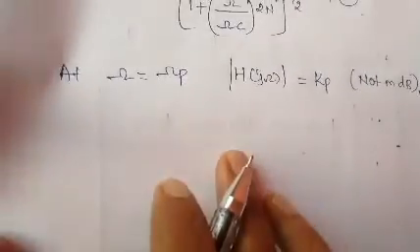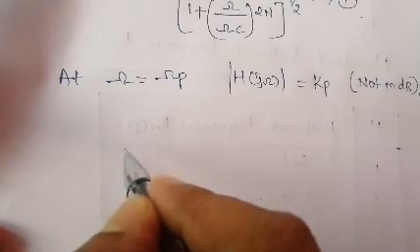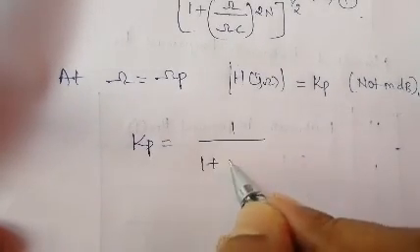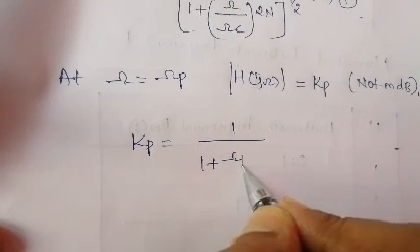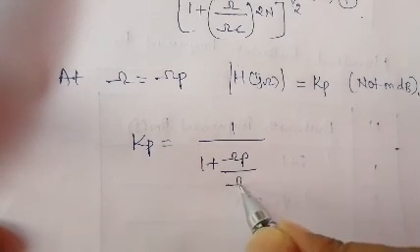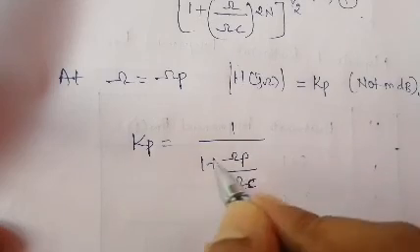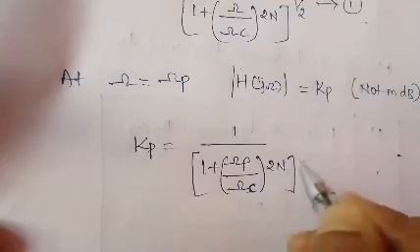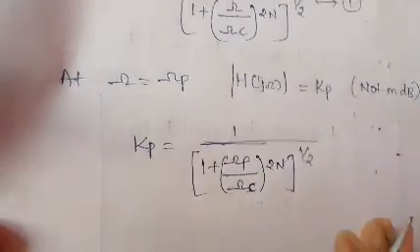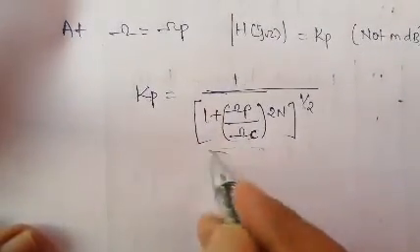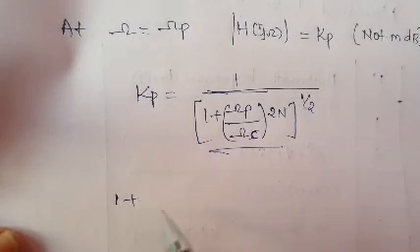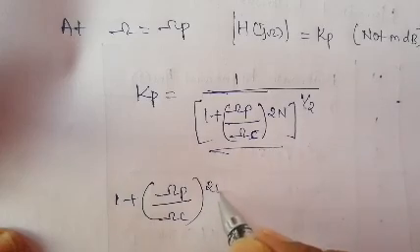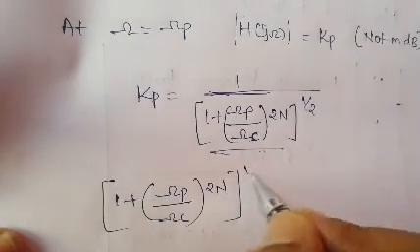Next, in the above equation, substitute. The LHS becomes Kp, which is equal to 1 divided by (1 plus (omega p divided by omega c) to the power 2n) whole power 1 by 2.